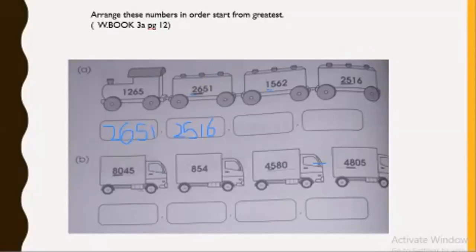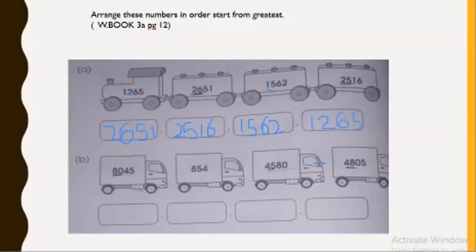I'm sure that my students know the answer. That is 1,562. Okay, that's wonderful. Now, what is the value that is left over here? So it will come last. 1,265.